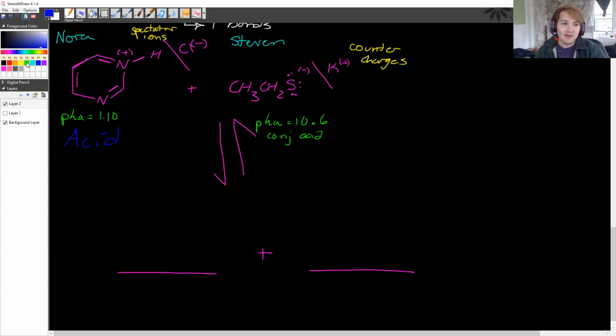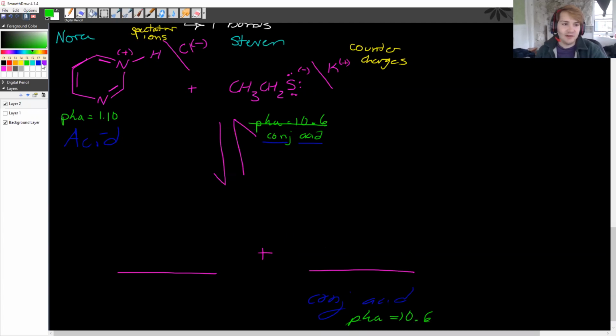Likewise, this right here is telling me it's the pKa for the conjugate acid. So this pKa is not describing this structure. This pKa is describing the conjugate acid, which is down here. And so what I can do almost immediately is just bring this right down and say, oh, here's where the pKa should exist.